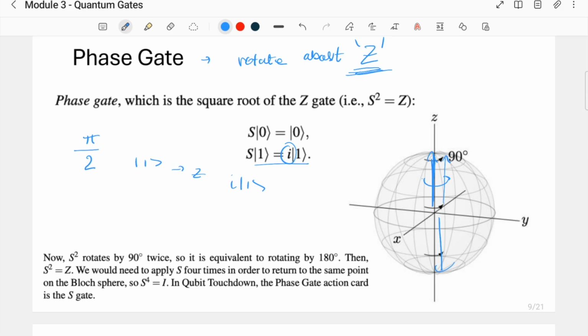How we compute probabilities is by taking the amplitude, which is just 1 here, 1 squared, so the probability is still 1. The probability here is iota squared, and then we take the modulus, which is |-1|, which is 1. So the probability still remains the same.